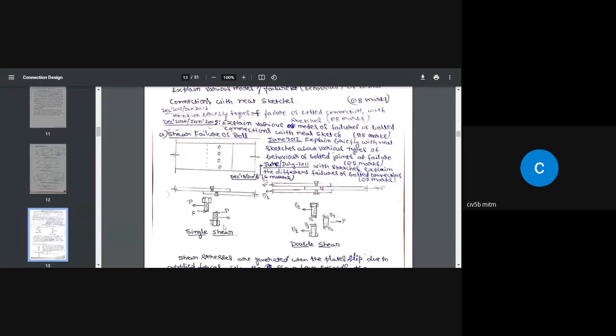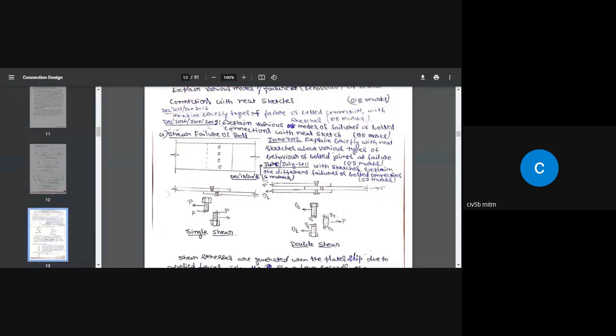Next, coming to different failures of connections. There are different ways a connection may fail, and I am going to deal with those. The first one is shear failure of the bolt. When these two plates are connected using a lap joint and we are putting bolts, when you apply force until failure happens, if the failure is due to the failure of the bolt, that is shear failure of the bolt.